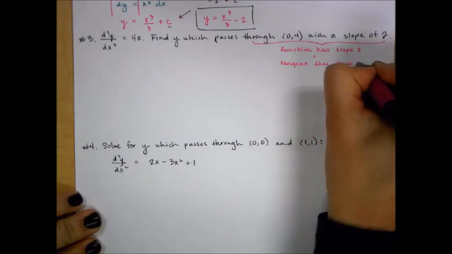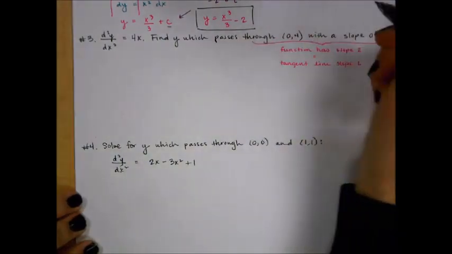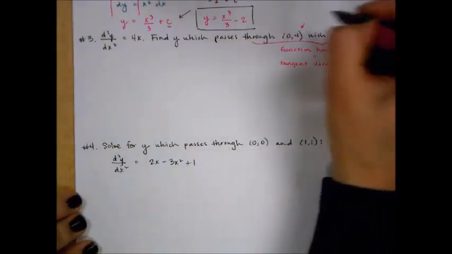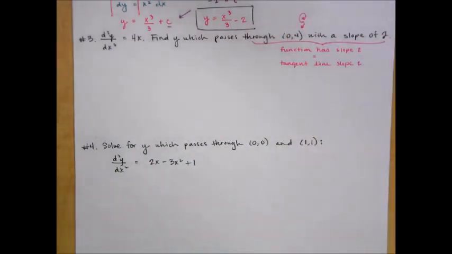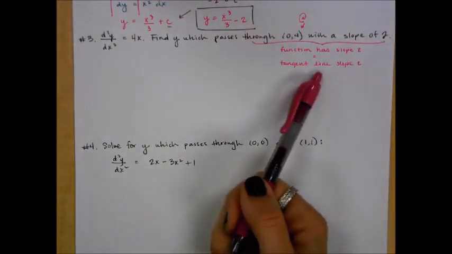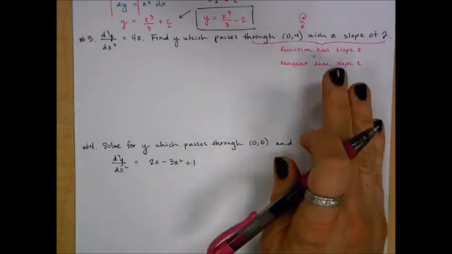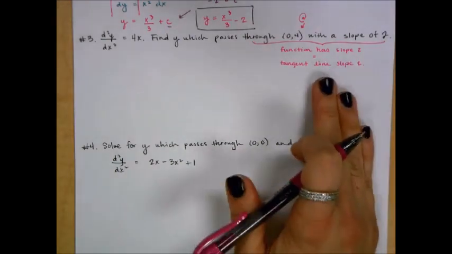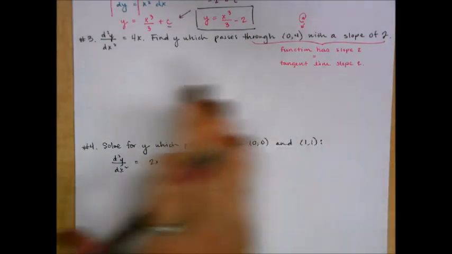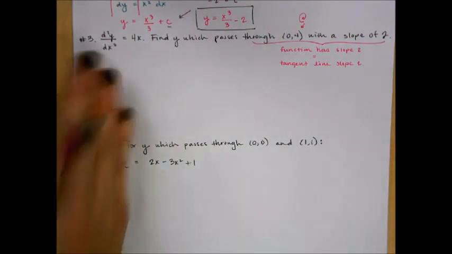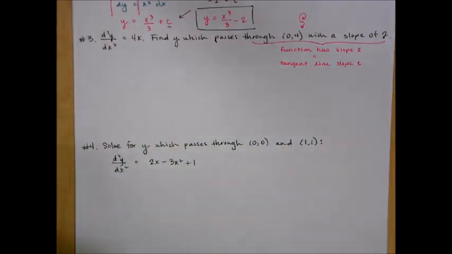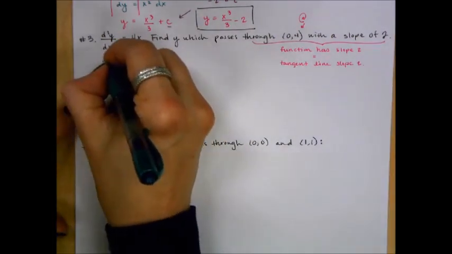The reason we know this is because it's happening at a point. So slope at a point is your tangent line slope, which is also your derivative. So we're talking about the first derivative. We're starting with the second derivative. So I'm going to take my equation here of the second derivative.